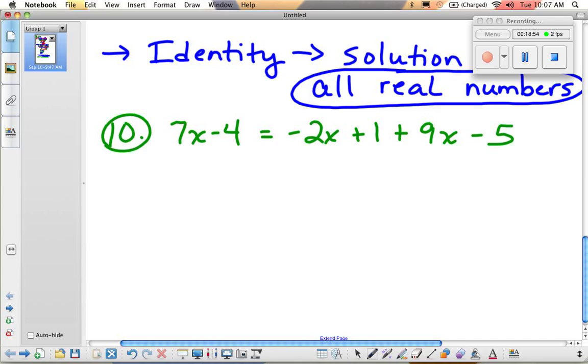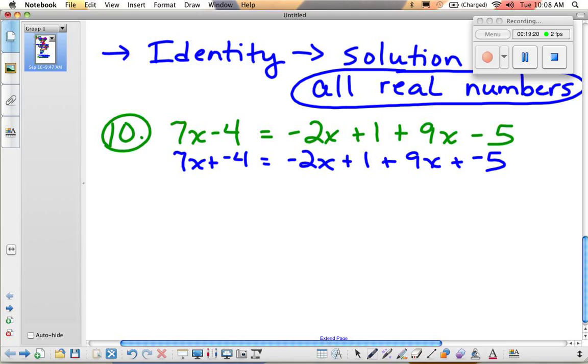Okay. What should we do first? The opposite. Okay, add the opposite. Okay. Combine like terms. Okay, on the left side, can we do any combining? No. Okay, that side does not need any simplifying.